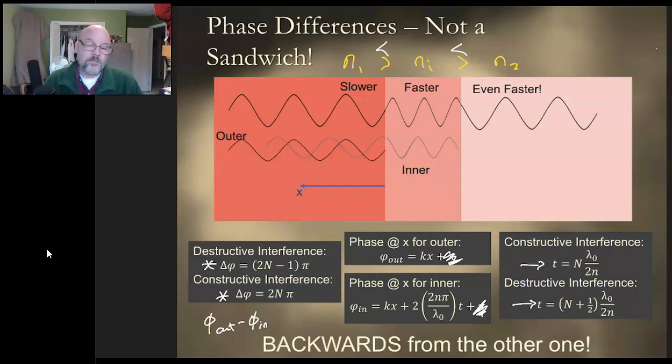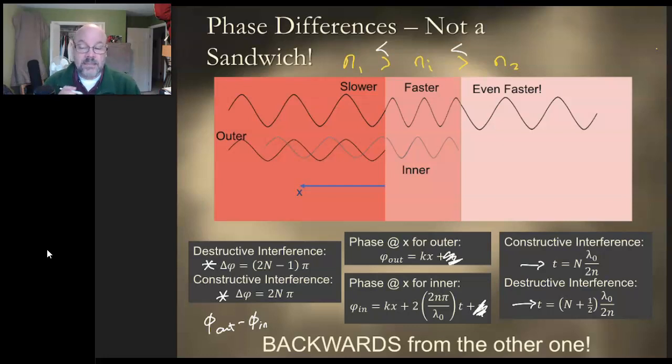Now, those are going to look really familiar, and I haven't gone through it in as much detail. The difference is these are completely opposite of what we had earlier.